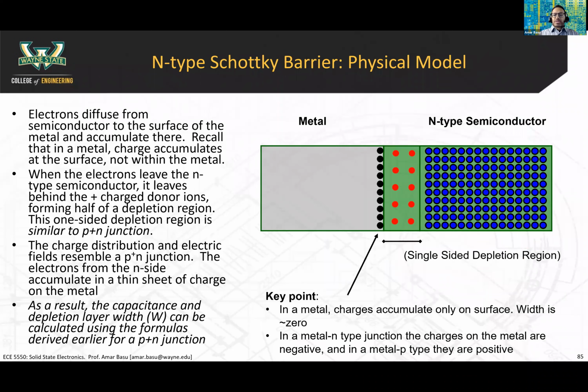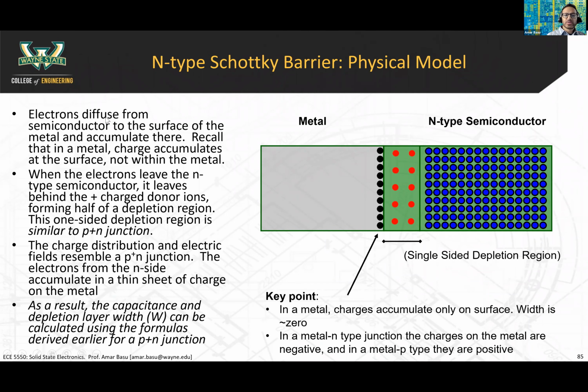So now let's look at the physical model to fill in our heads what's happening to the carriers on the physical side of things. Some of the key points is that in a metal, charges only accumulate on the surface. So the story goes like this.